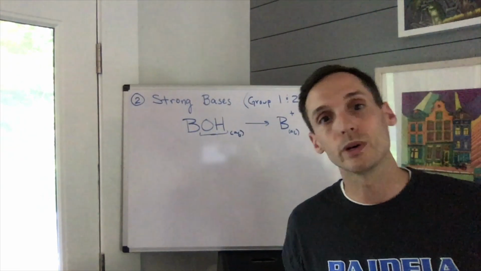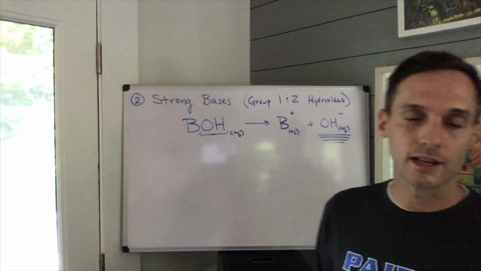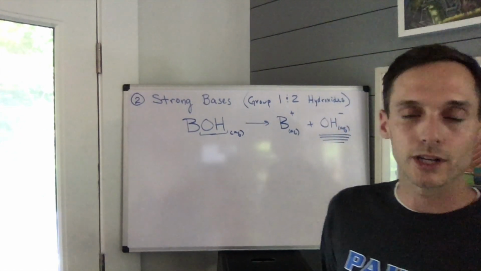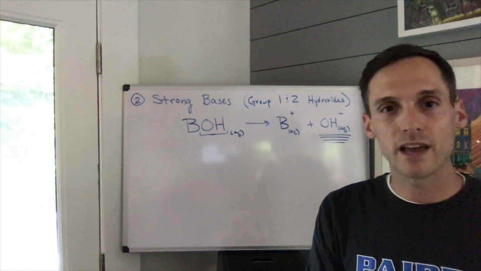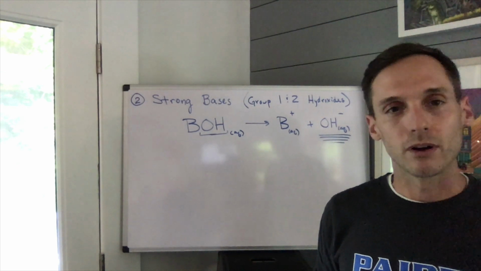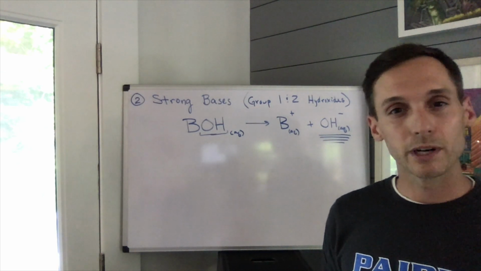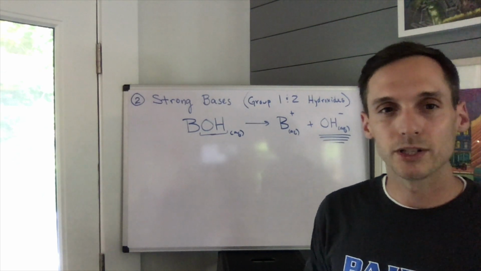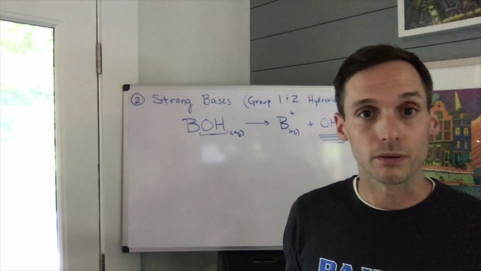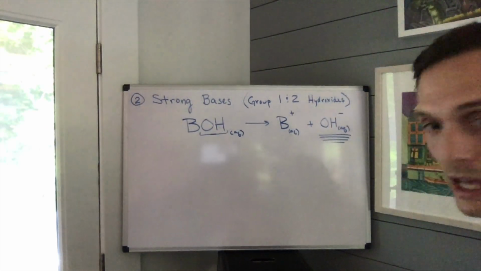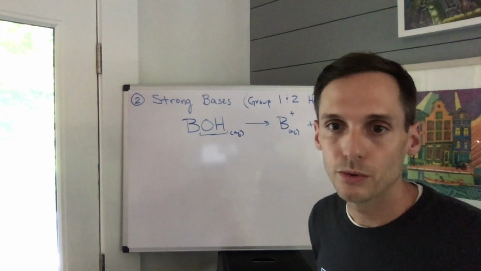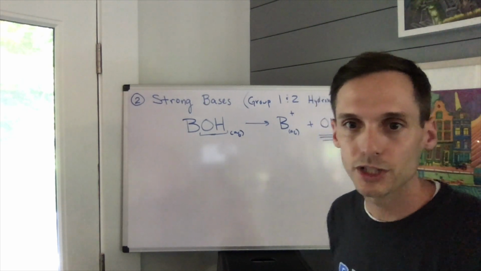So that's like sodium hydroxide, lithium hydroxide, barium hydroxide, strontium hydroxide. We're just going to put every metal from the first 2 columns in our periodic table. If they're paired up with hydroxide, we'll consider it a strong base. Okay? So let's do a tricky one just to show you.